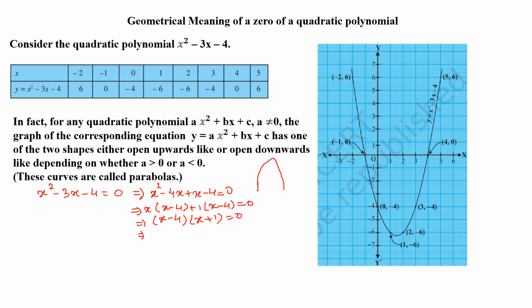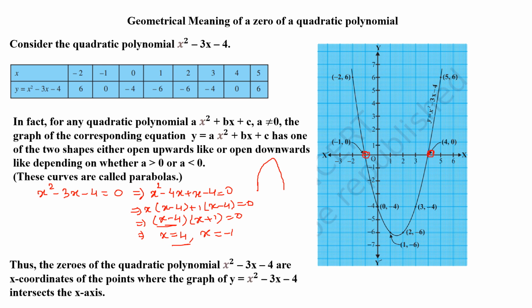From here, if you take x minus 4 equal to 0, you will get x as 4. And if you take x plus 1 as 0, you will get x as minus 1. Same thing you can see here, x equal to 4, that point is over here, and here is x equal to minus 1, isn't it?